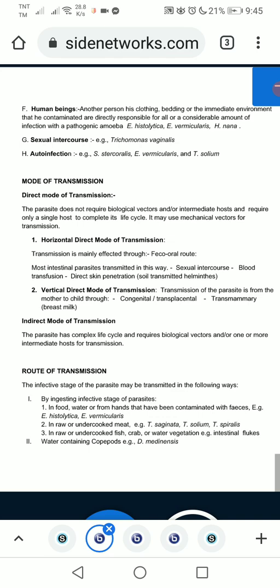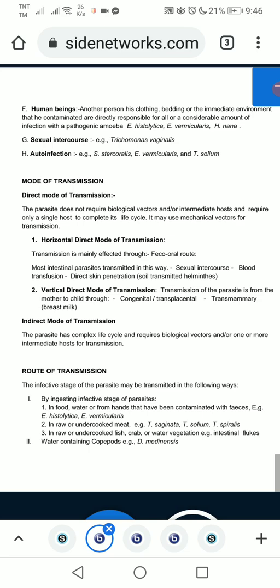Okay? So another one, class, is the route of transmission. Okay? Saan ba sila nakukuha? The infective stage of the parasites may be transmitted in the following ways. We have ingesting infective stage of the parasite. Sa pagkain, for example, we have Entamoeba histolytica and Enterobius vermicularis. Okay. By the way, later na lang. And another one, in raw or uncooked meat: Taenia saginata, Taenia solium, and Trichinella spiralis.